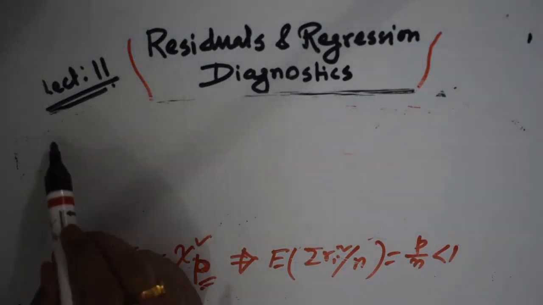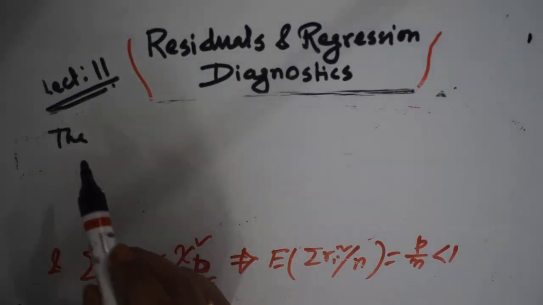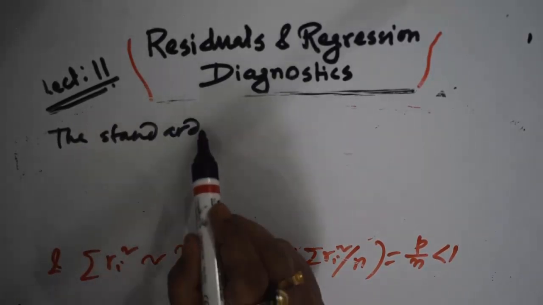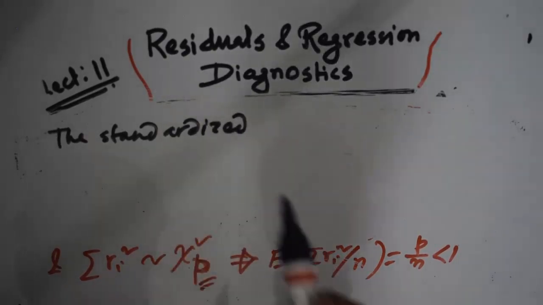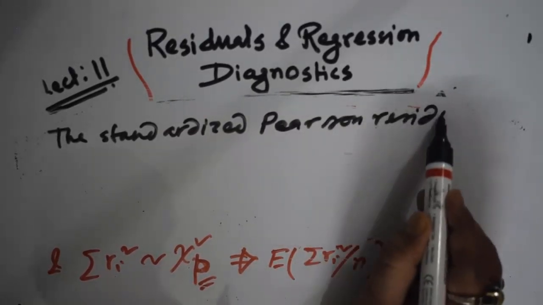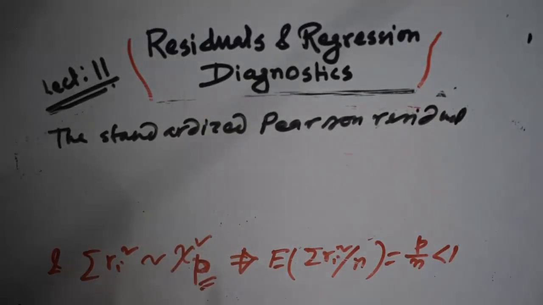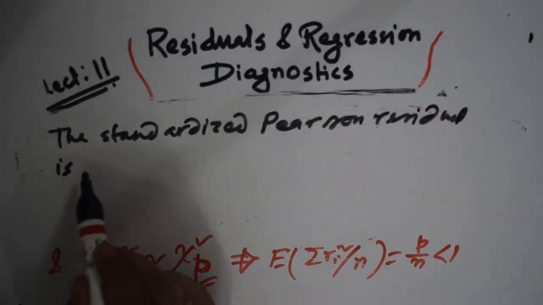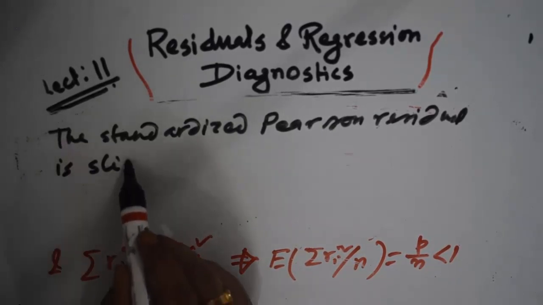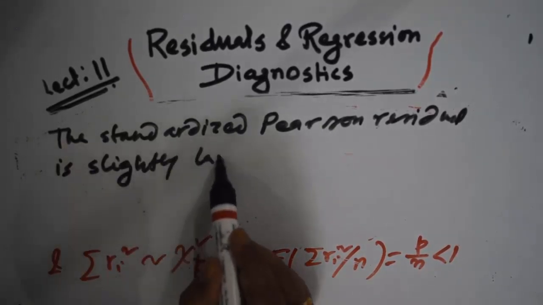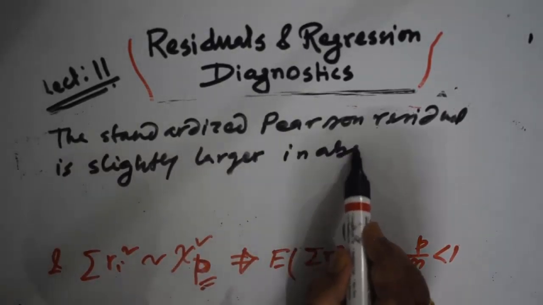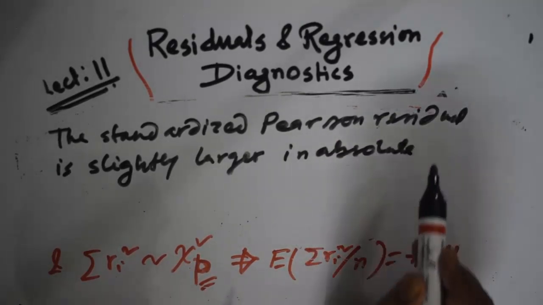The standardized Pearson residual is slightly larger in absolute value.